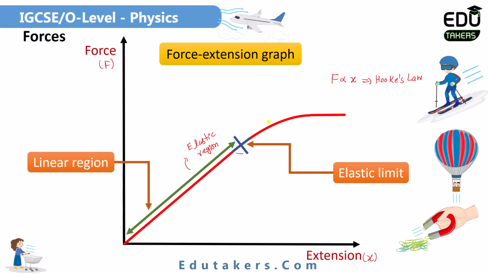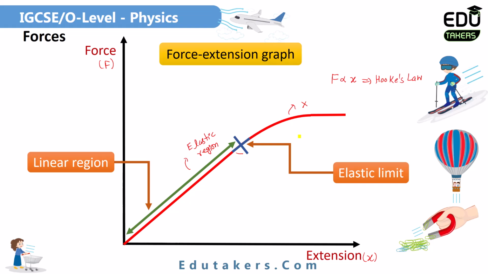After this cross sign, you can see that the force and extension, both of these are not directly proportional. The line is not a straight line. It means that when you increase the force accordingly, the extension of the spring is not increasing. So I can simply say that in this region, Hooke's law is not obeyed, because the force is not directly proportional to the extension of the spring.